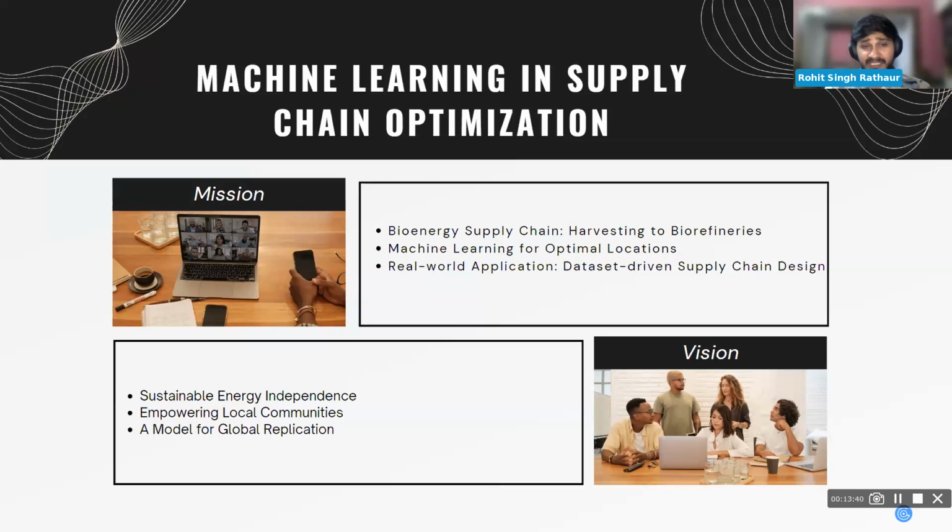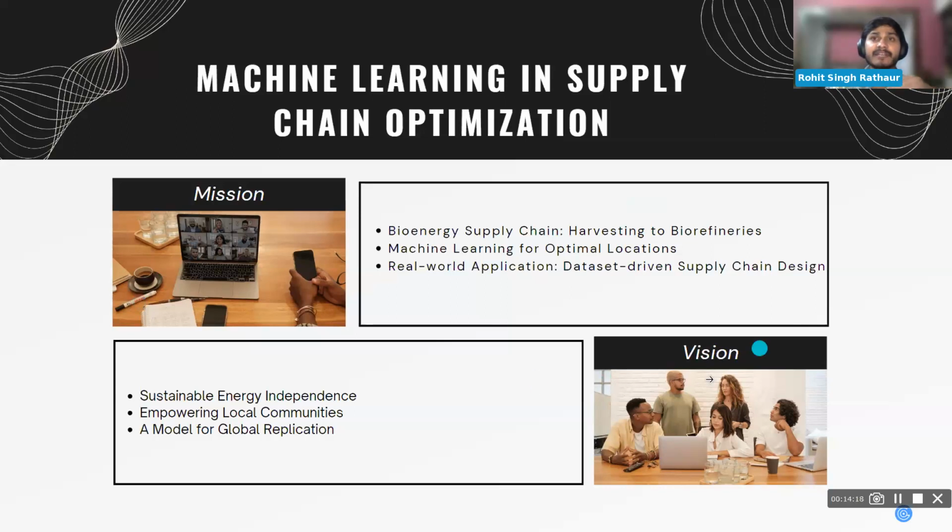In this whole thing, our vision was to figure out how to achieve energy independence through sustainable means. By harnessing the untapped potential of agricultural waste, we aimed to reduce our reliance on non-renewable energy sources. This doesn't only ensure a greener future, but also empowers our local communities by turning waste into wealth.